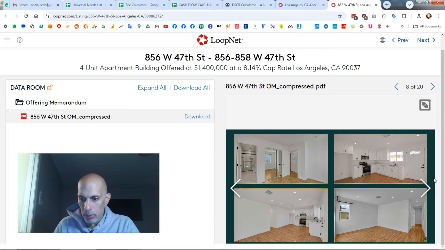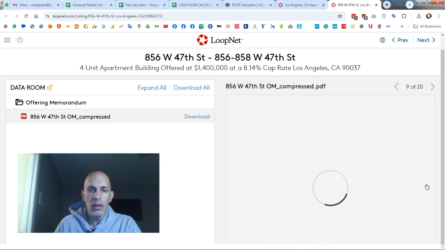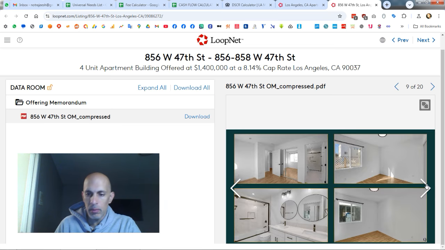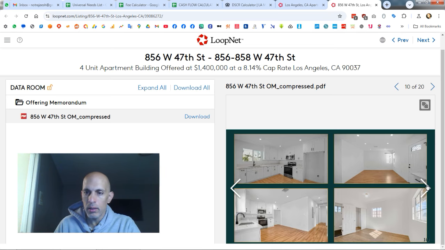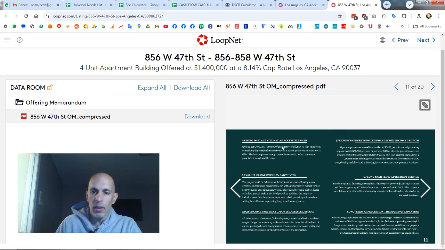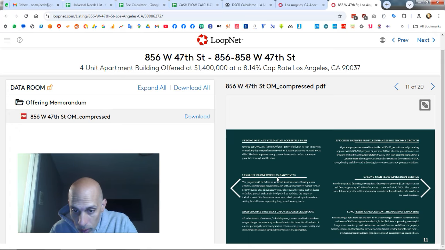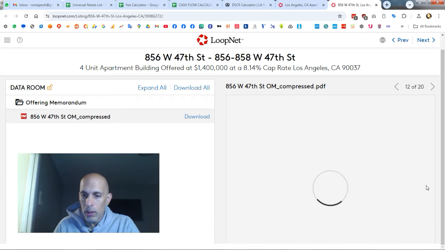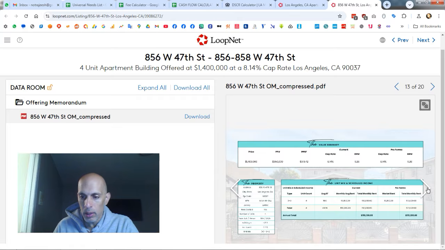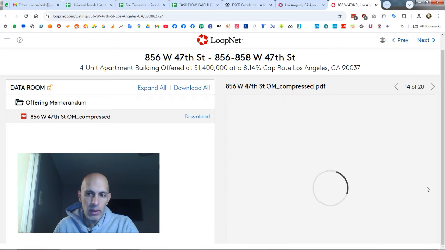Photos look like they're in pretty decent condition, so we should be able to get a pretty decent rate for this with 3 vacant units. So they've got 3 vacant units here, but on 1 to 4 units we don't really care about the number of vacancies. We can use market rents.